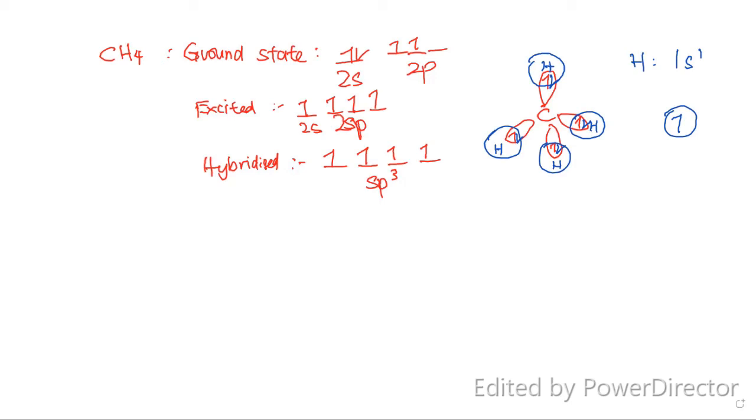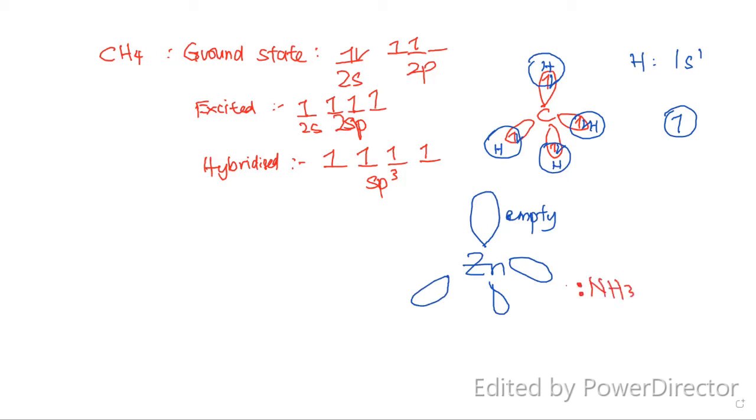But in the formation of a complex, let's say with Zn, later you will see that the hybrid orbitals formed here are empty, with no electrons. So if you want to attach a ligand, let's say NH3, because NH3 carries a lone pair of electrons that is ready to form a dative bond, the NH3 comes and overlaps here.